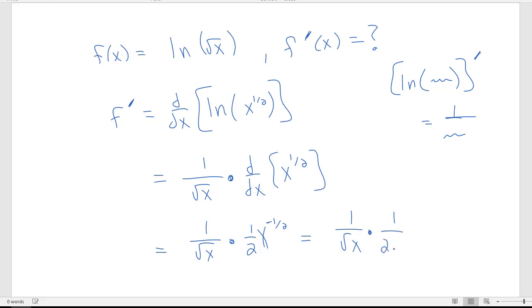So we really have 2x to the 1/2. And then this is really root x times root x, which is going to be just x. So the derivative of ln of root x, we use the chain rule, and we end up with 1 over 2x. Isn't that cool? That's so exciting.